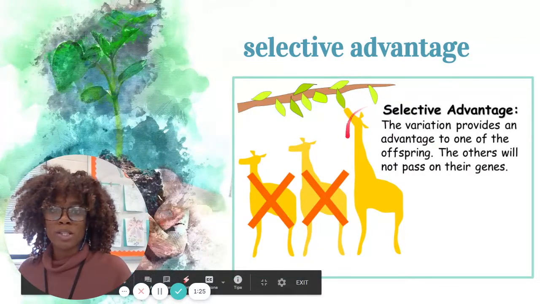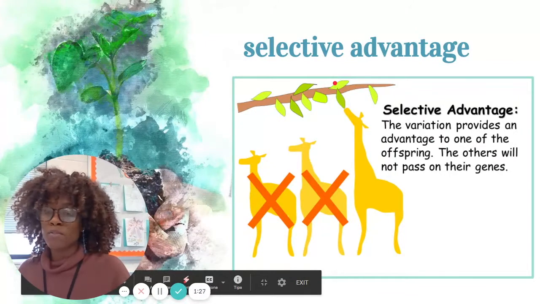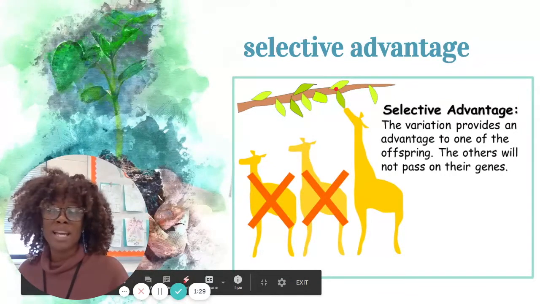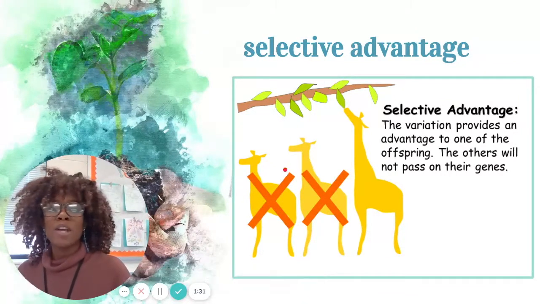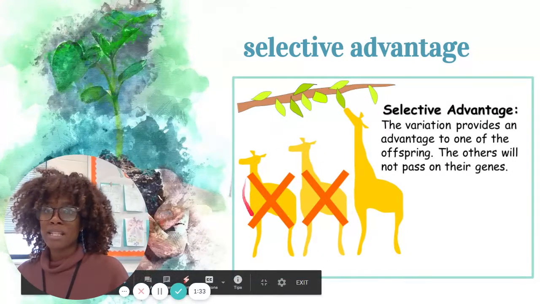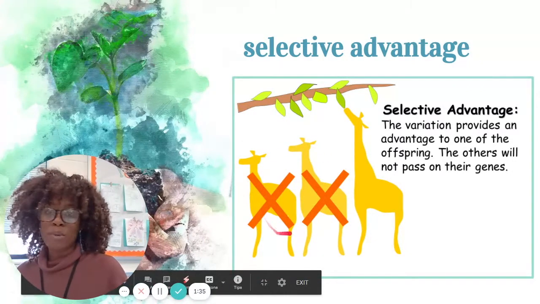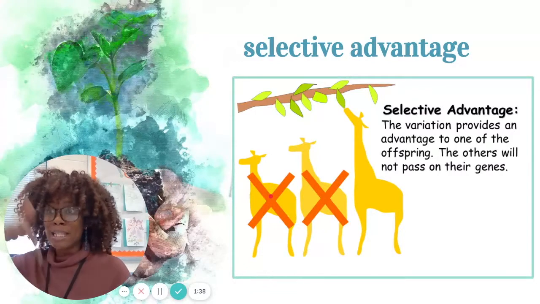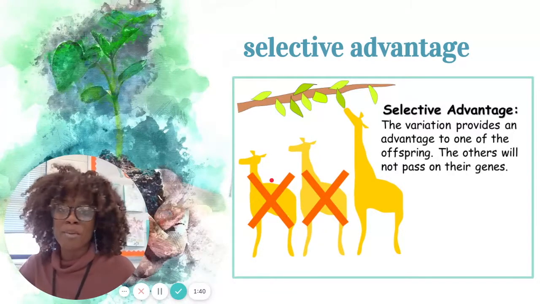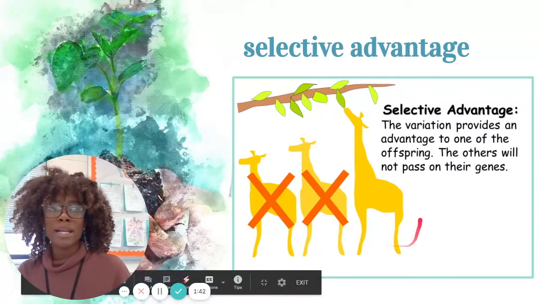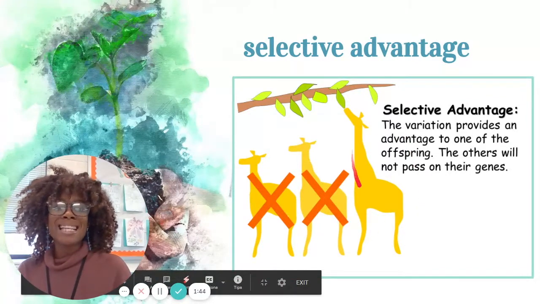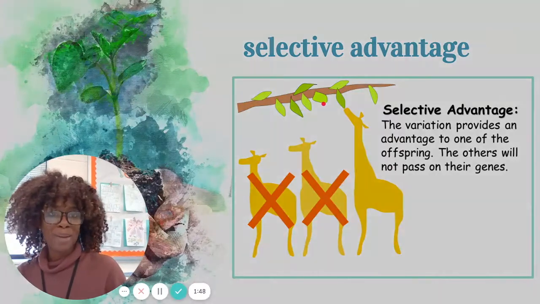This tall giraffe is able to reach the tops of trees, so it's able to eat more. The other ones are more likely to die off, and if they're not reproducing, their gene frequency is decreasing. Their genes are disappearing from the population, while the one that survives and reproduces is increasing its place in the population.